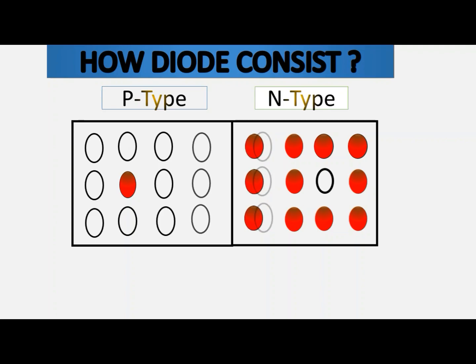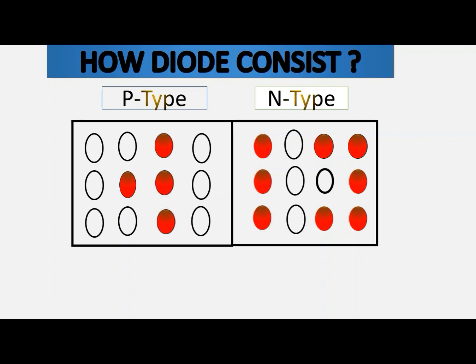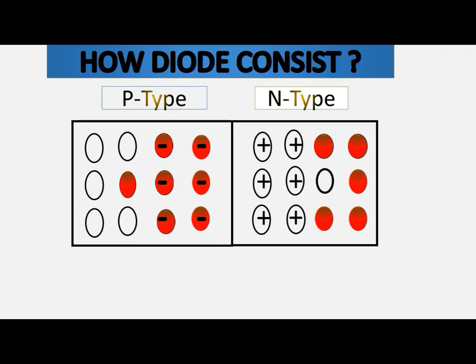Thus, free electrons migrate from the N side to the P side and holes migrate from the P side to the N side. On both sides, electrons and holes recombine. The free electron that migrates to the P side by filling a hole becomes a negative ion. Similarly, the electron that left the parent atom makes a positive ion at the N side.